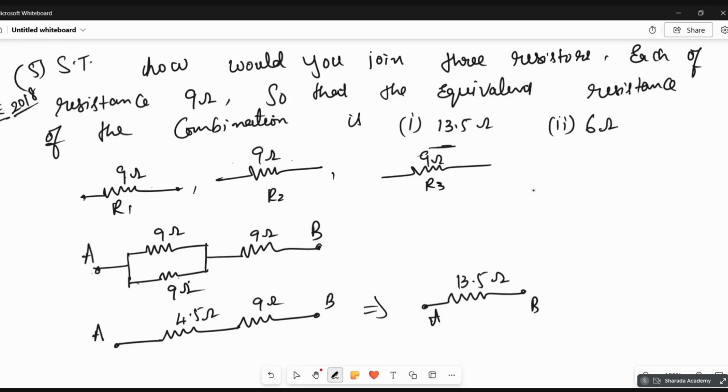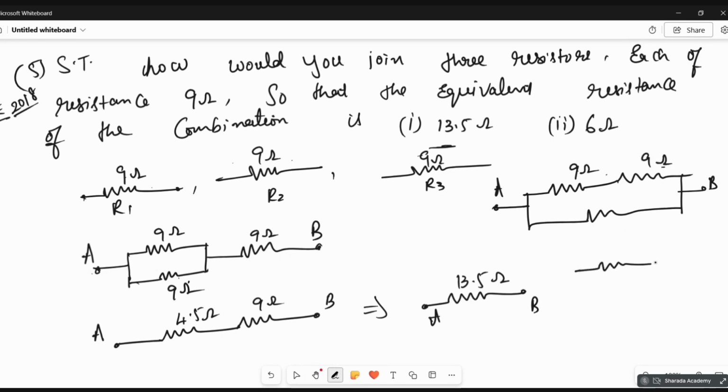So, next one, two are in series with the third one in parallel. 9 and 9 in series, you will get 18 ohms. Then another one in parallel, so you will get 18 and 9 in parallel, which gives 6 ohms.